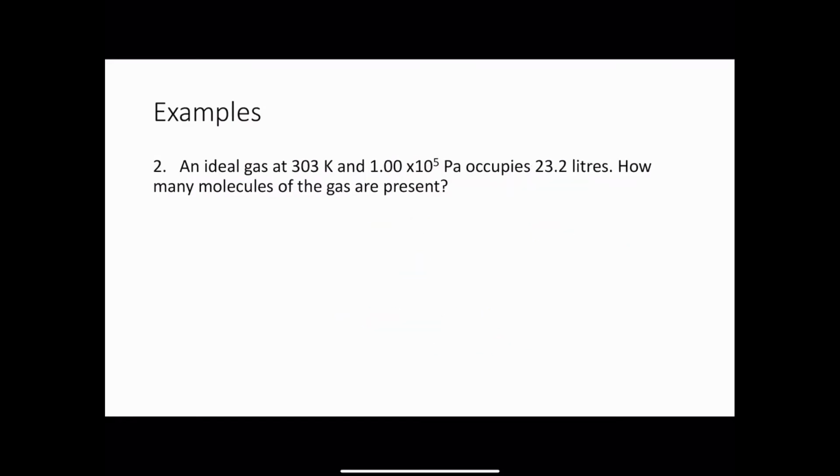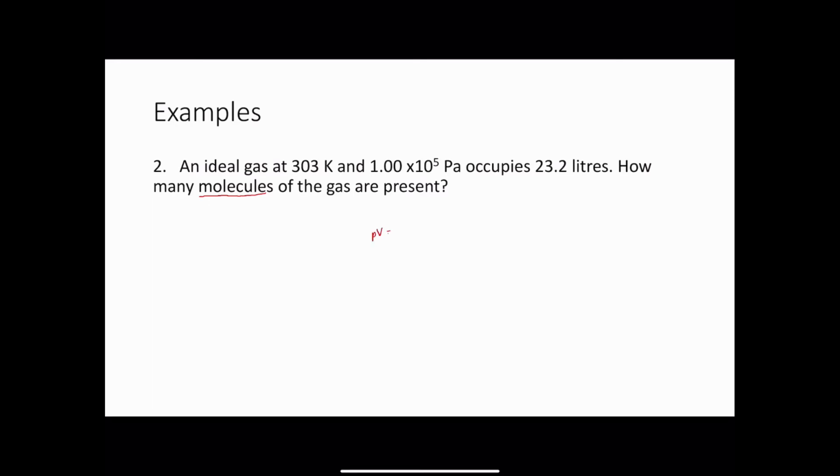The next example says that an ideal gas at 303 Kelvin and 1 times 10 to the 5 pascals occupies 23.2 litres. How many molecules of the gas are present? So this time they're asking for the number of molecules. So number of molecules means I'm going to have to use our other version of the ideal gas equation.